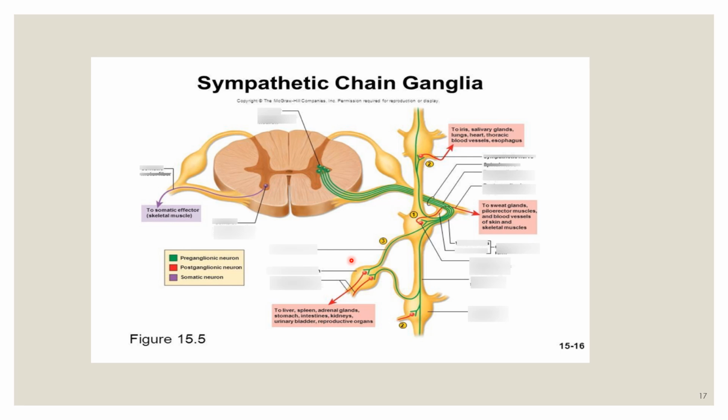These medullary cells may be regarded as modified sympathetic exciter cells that will secrete epinephrine and norepinephrine into the bloodstream.